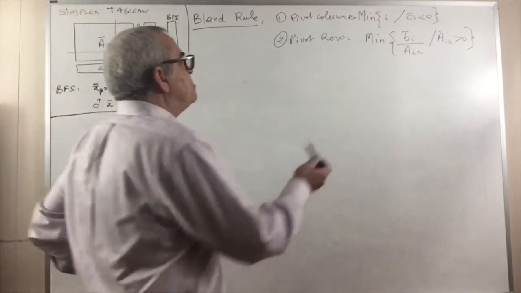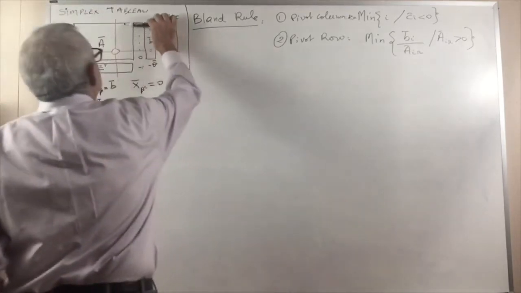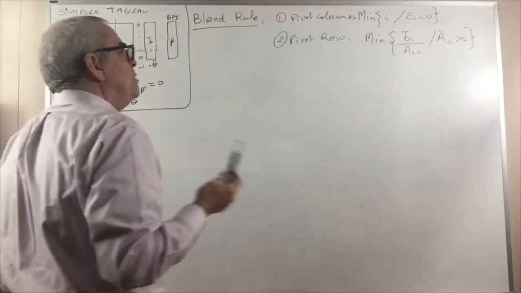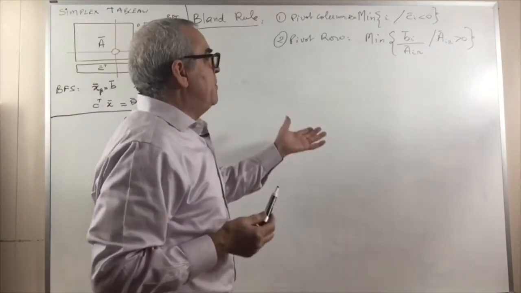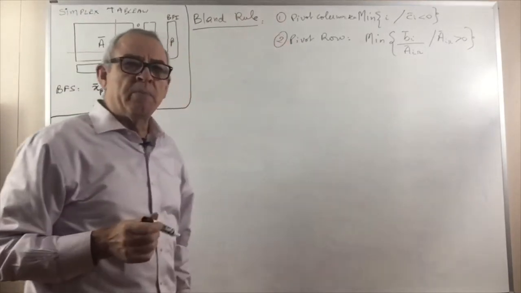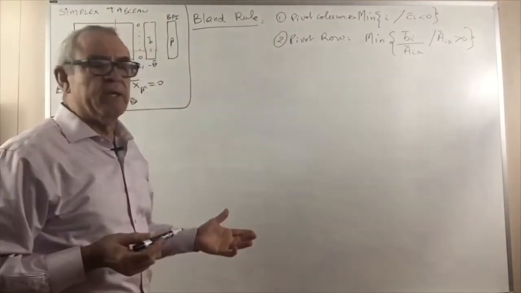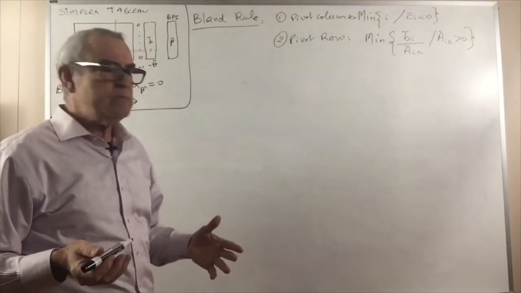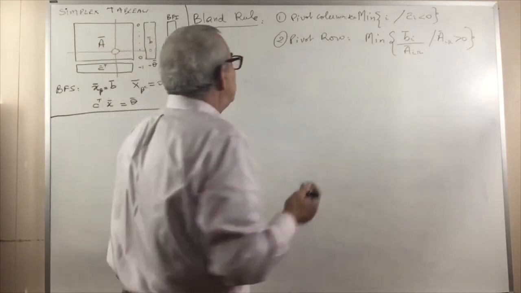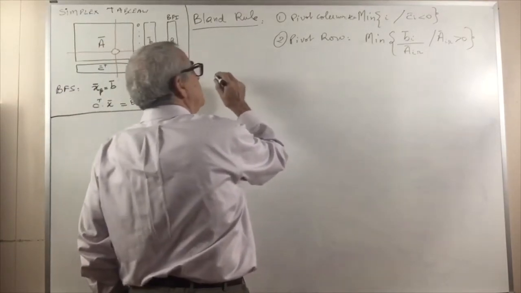So when we do this minimum, we're doing the minimum on every row. If the minimum is unique, that's our pivot row. But suppose that it's not unique. There is a tie, okay? In case of ties, so let me write it here.